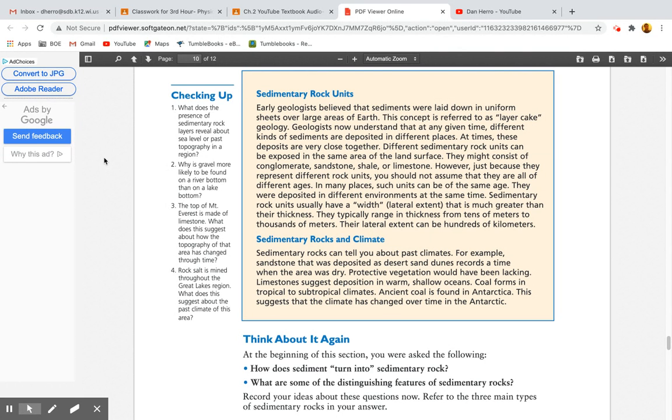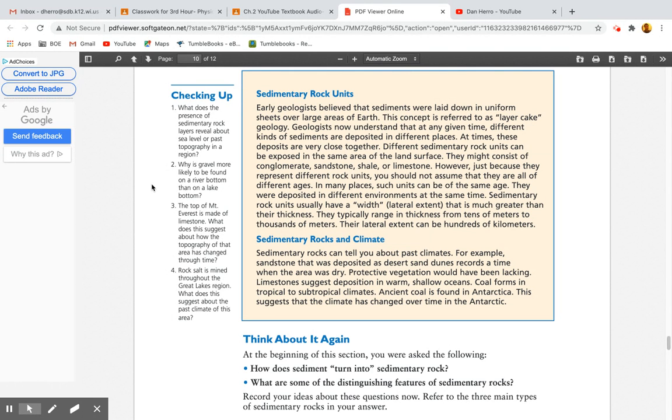Different sedimentary rock units can be exposed in the same area of land surface. They might consist of conglomerate, sandstone, shale, or limestone. However, just because they represent different rock units, you should not assume that they are all of different ages. In many places, such units can be of the same age. They were deposited in different environments at the same time.